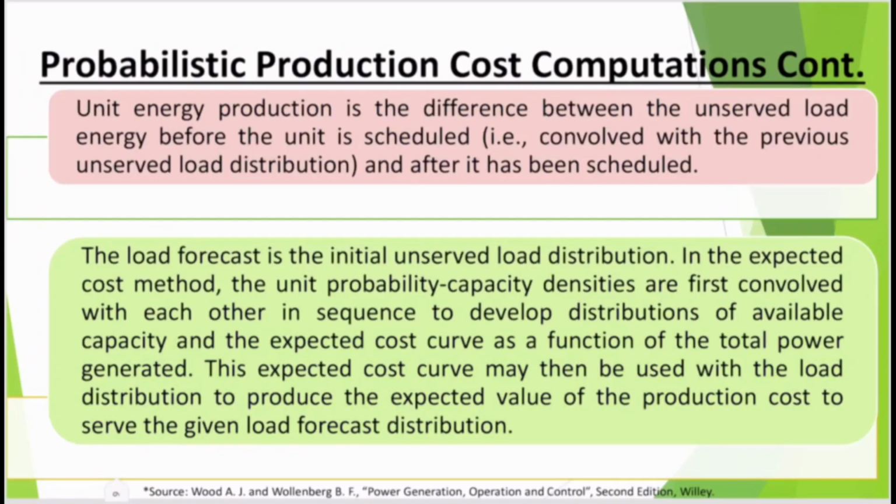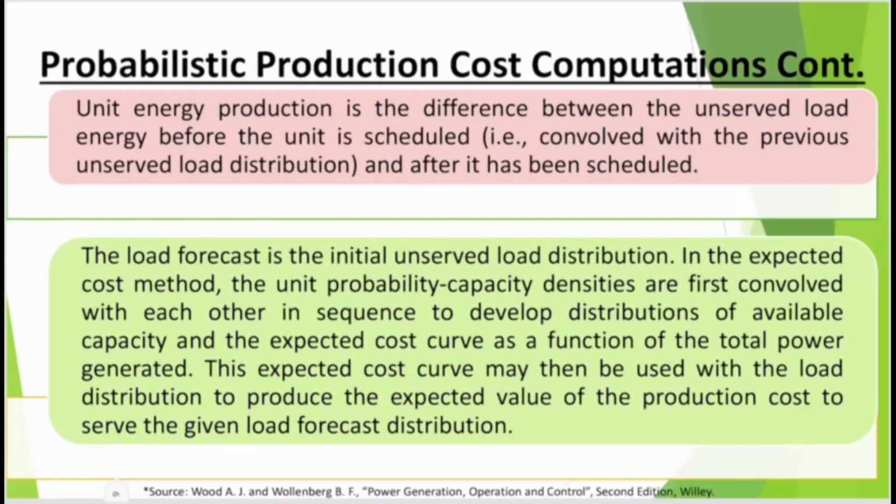Unit energy production is the difference between the unserved load, meaning the amount of load that you could not serve because of certain uncertainties, before the unit is scheduled, that is, convolved with the previous unserved load distribution, and after it has been scheduled. The load forecast is the initial unserved load distribution.